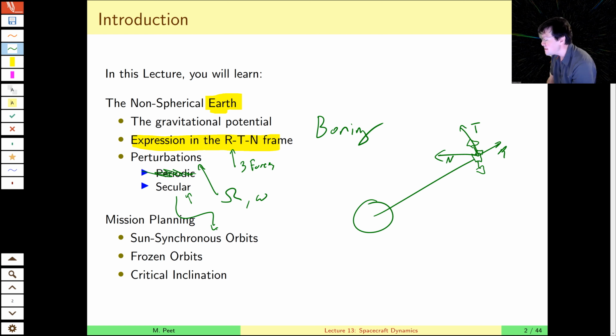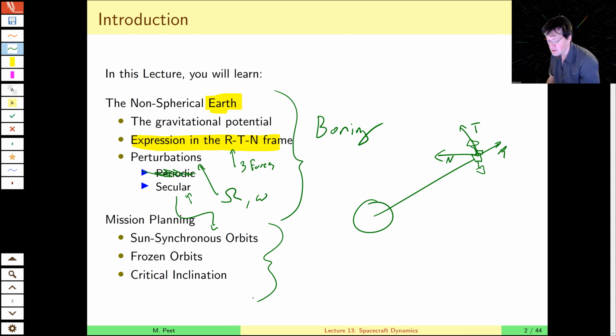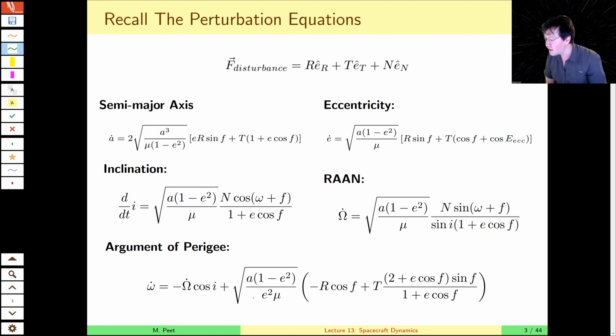So as I said, the first section of this lecture is relatively mathematical, and the second part of the lecture is a little bit more applied, a little bit more focused on the actual mission planning bit. So that's always a little bit more juicy, I guess.